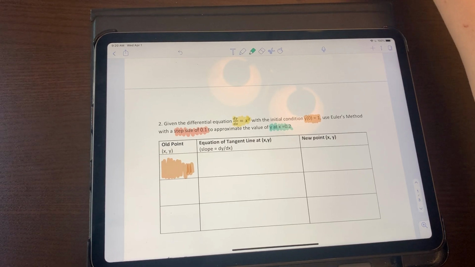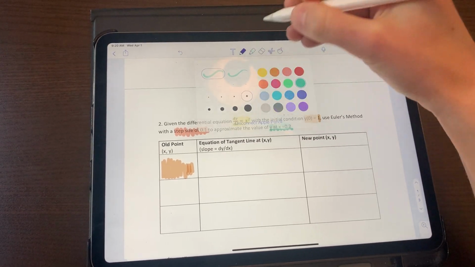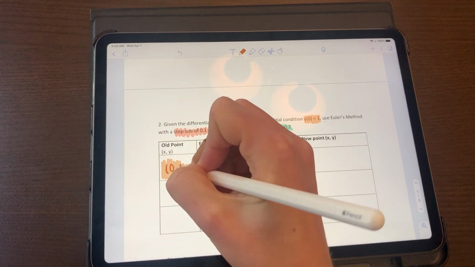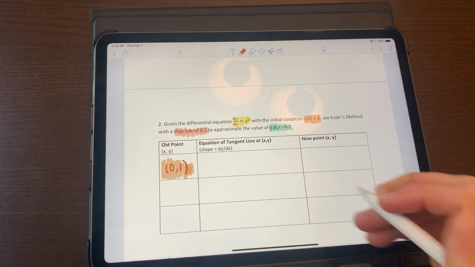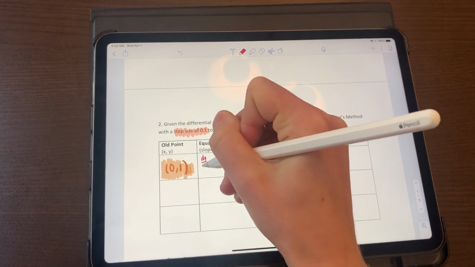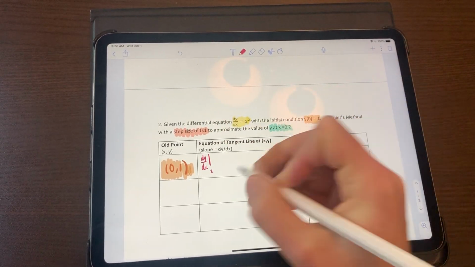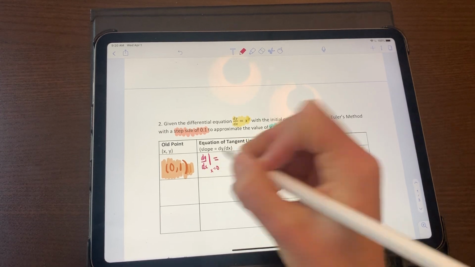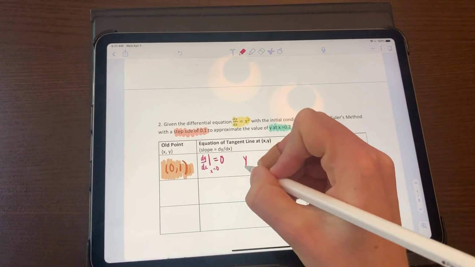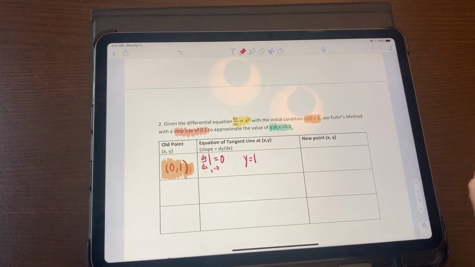All right, let's try it out. Okay, so our initial condition is (0, 1). Our slope that we're going to find here, we have dy/dx at x equals 0. Well, that's going to be 0 squared, so slope is 0, so our tangent line is just y equals 1.